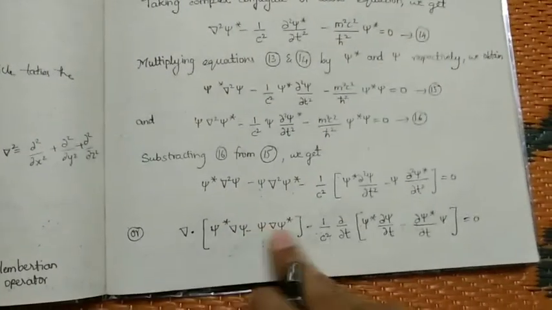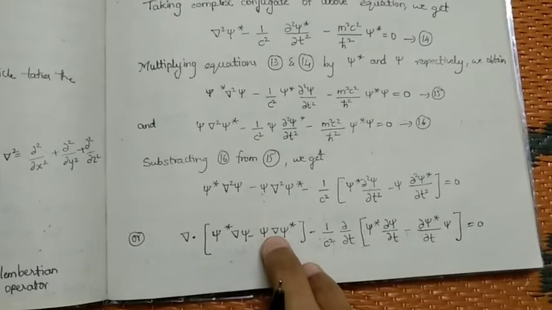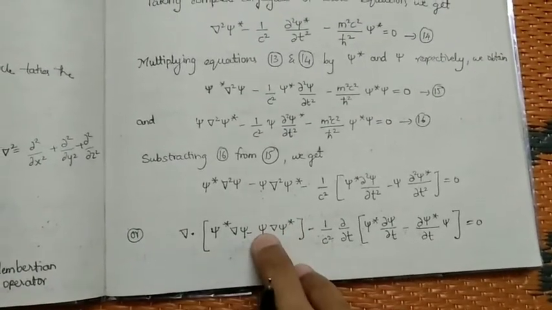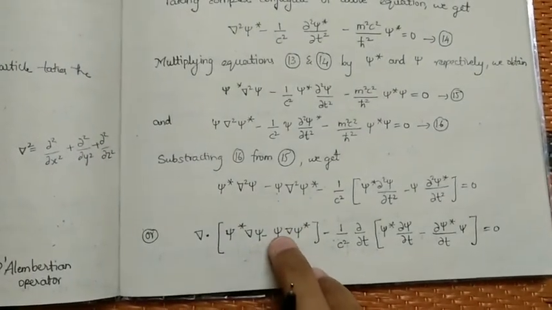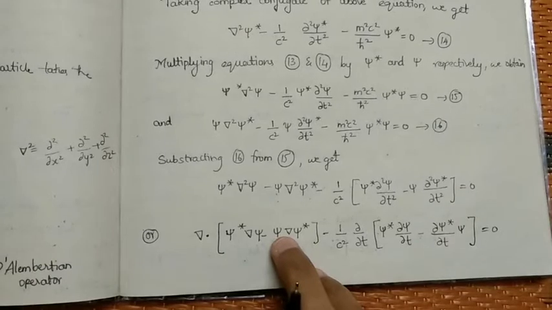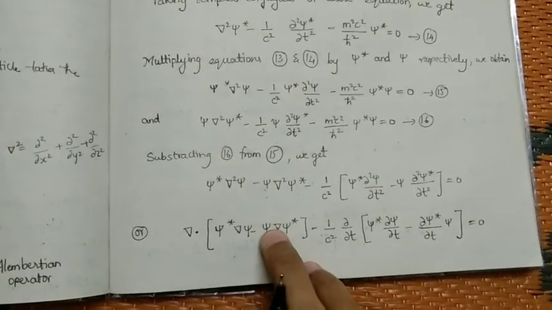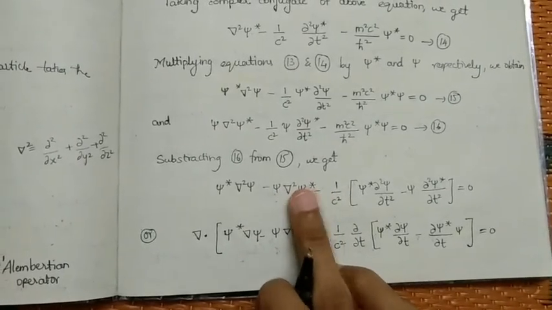And next, if we come to the second term, minus ∇ξ·∇ξ*, and again minus ξ ∇·∇ξ*, that is nothing but minus ξ∇²ξ*.